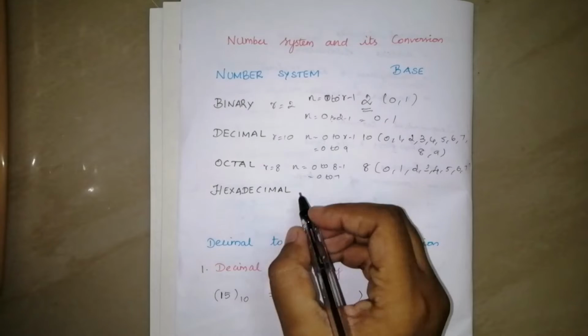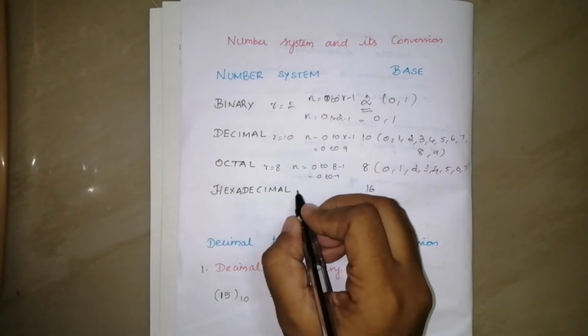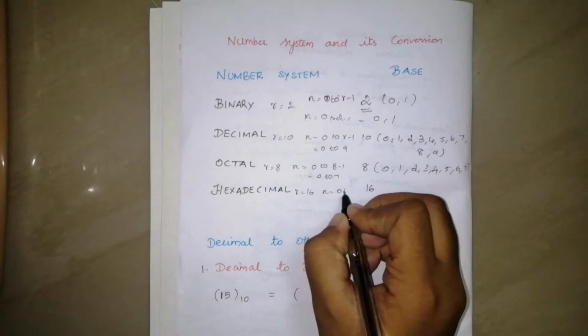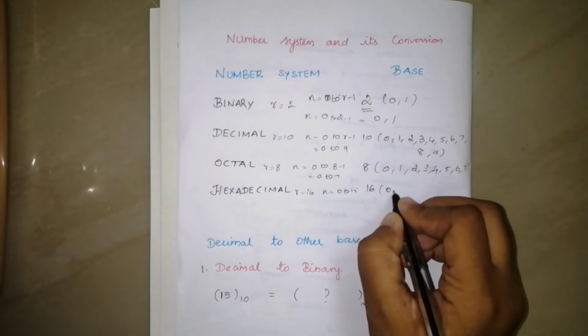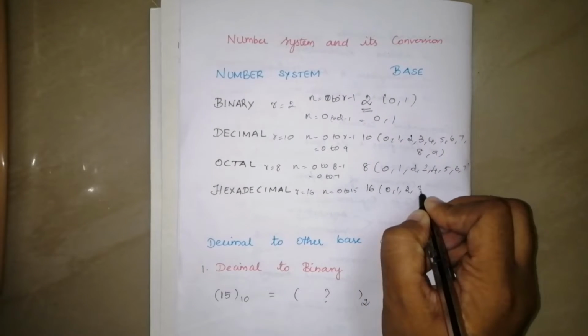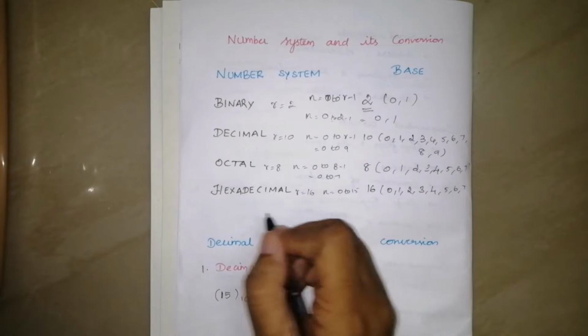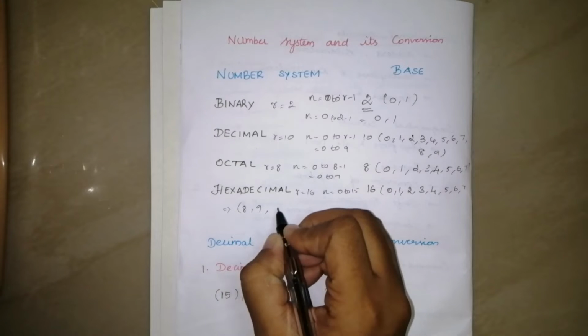The next one is the hexadecimal number system. Hexadecimal is nothing but 16. So therefore the base is 16, r is equal to 16. Therefore n will be 0 to 15. So it will contain 0, 1, 2, 3, 4, 5, 6, 7, 8, 9.